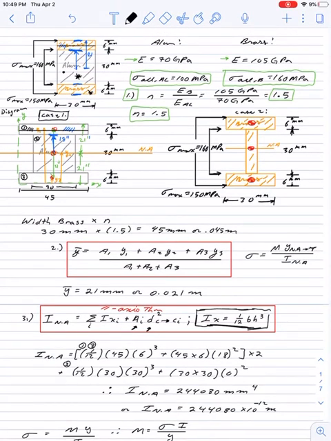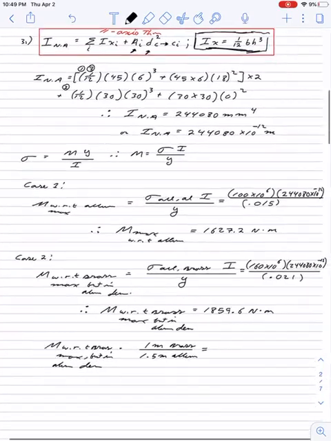We're dealing with the length of aluminum, and aluminum is a lot wider than brass.